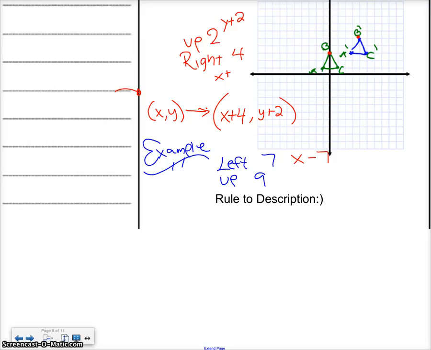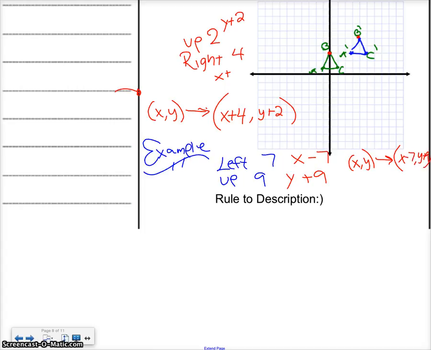Up is my y, and I know up means I plus. So y plus 9. And then you have to pull it all together. It's not just x minus 7 comma y plus 9. You have to have x, y slides. That means you have a new point. Slides to x minus 7, y plus 9.